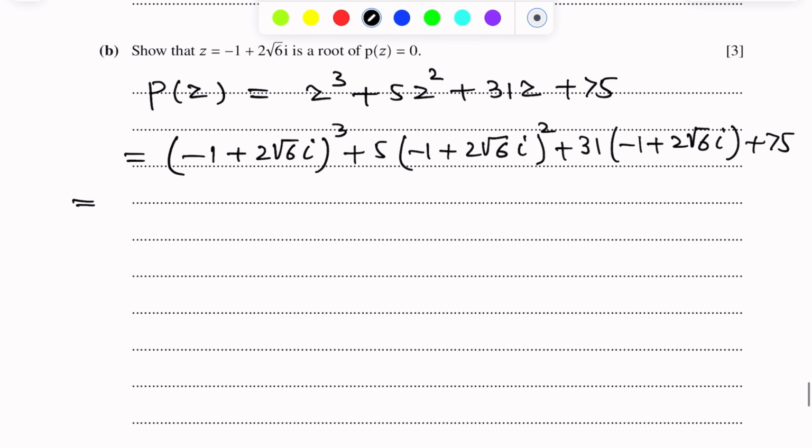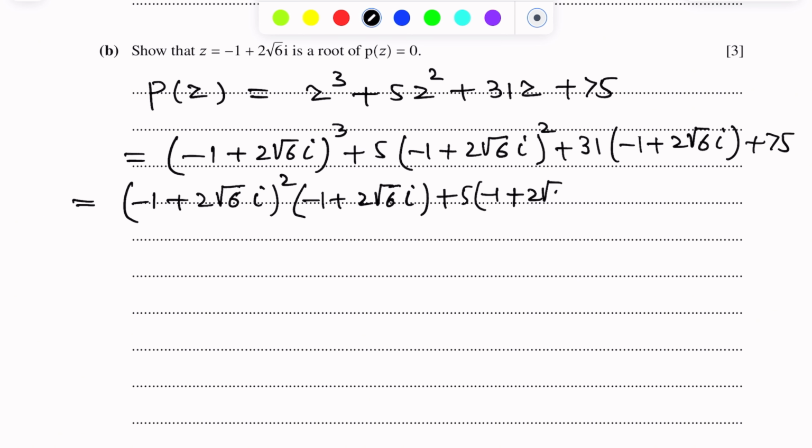We can write it in terms of 2 factors: (minus 1 plus 2 under root 6 iota) squared into (minus 1 plus 2 under root 6 iota).